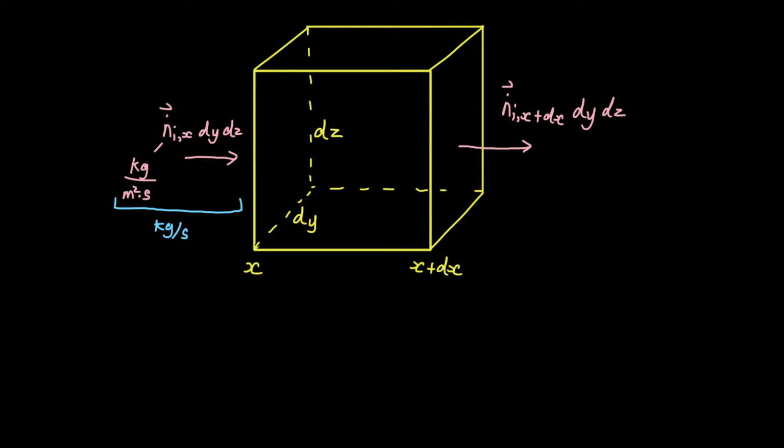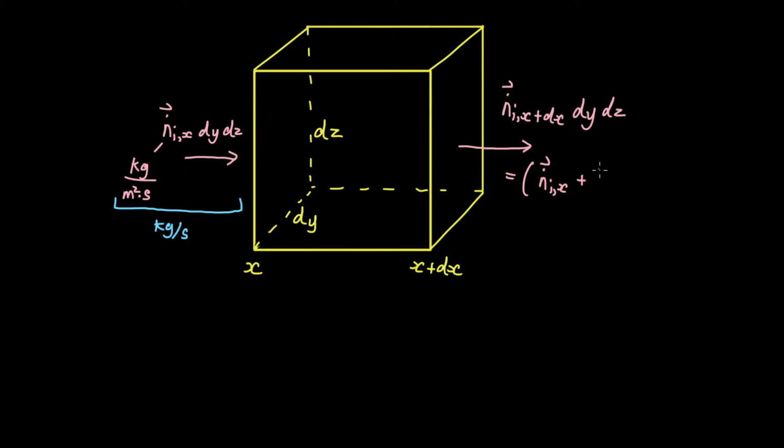So I can measure the flux going in and out of each wall, but if I know how the flux is changing inside the box, then I don't actually need to measure the flux coming out here. I can rewrite this as simply the flux coming into the system of species i, the flux of species i at position x, plus the gradient.